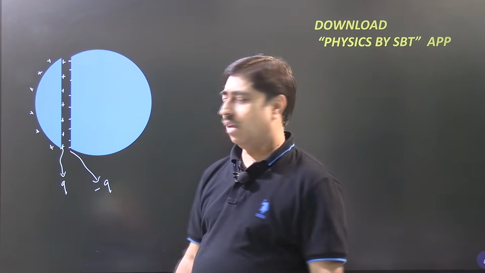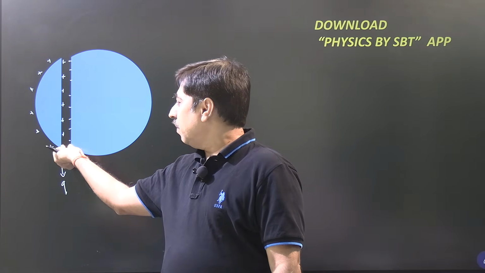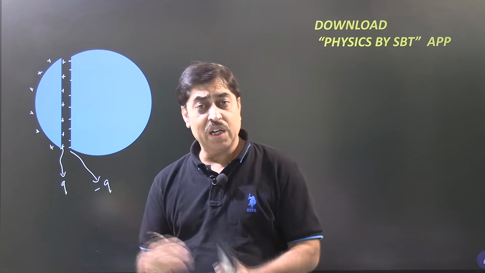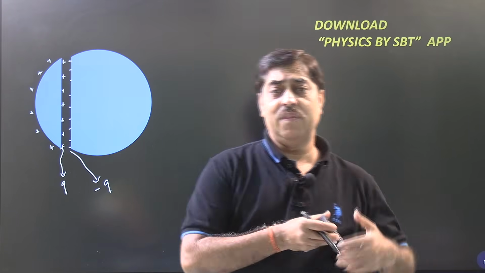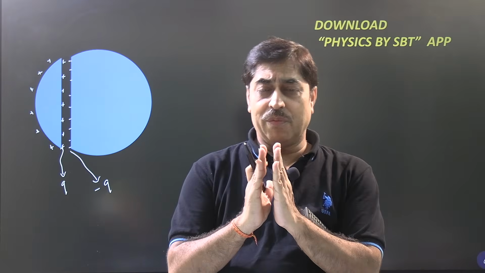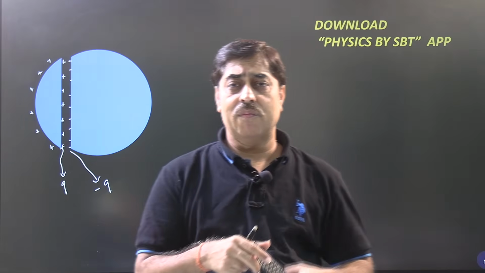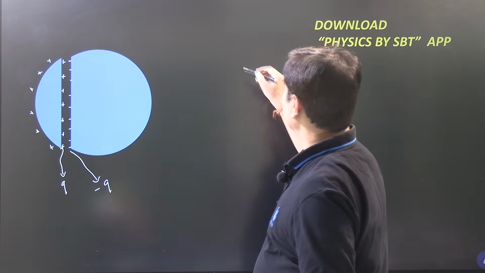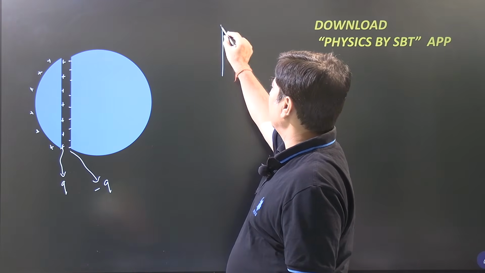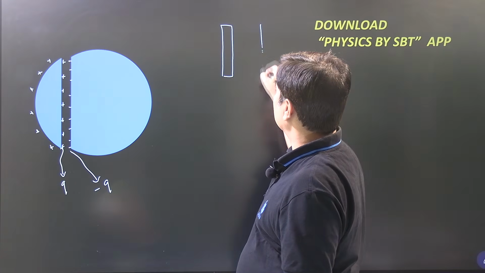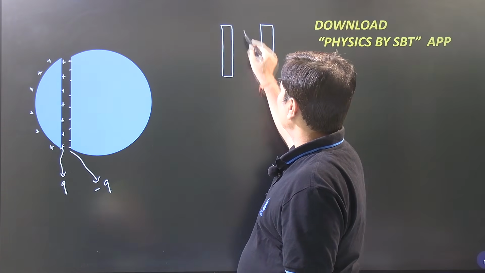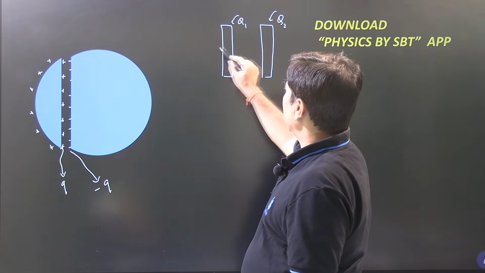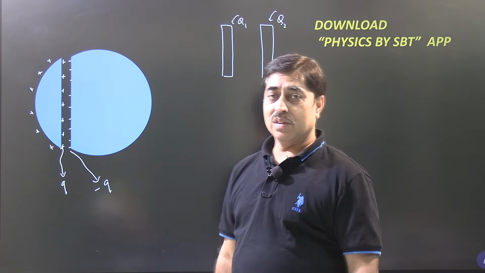You can argue that if this charge is q, this has to be minus q. Remember, it is given that this is a very thin separation. So it is an ideal parallel plate capacitor having circular plates with a very small gap between them. Just the way you solve this kind of problem, if I give you two parallel plates and I put some charge q1 over here and q2 over here, how do you find the charge distribution on the four faces?